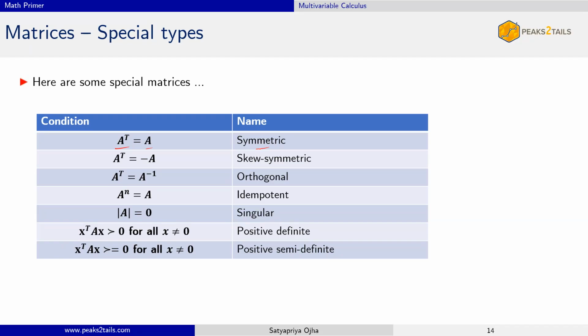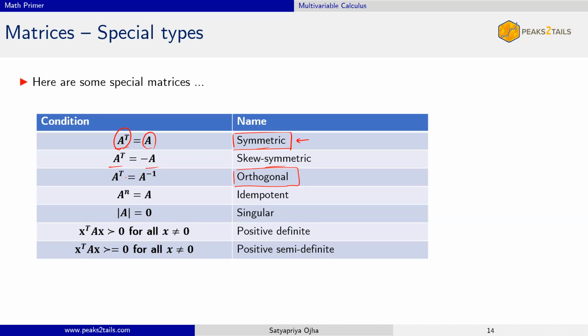And if after transpose it is the same as A, that means it's a symmetric matrix. If A transpose is minus A, it's called a skew symmetric matrix. See, for our purpose, primarily, which matrices are important? This is very important. This is a little bit important here and there, not as important as the symmetric matrix.